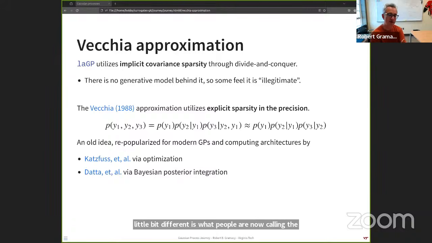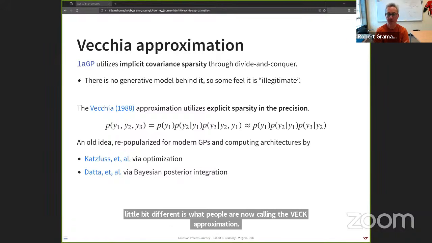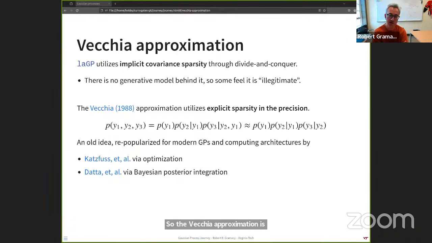So the Vecchia approximation is a sparsity-inducing method where you put zeros in the precision matrix of the multivariate normal distribution. But maybe an even simpler way to think about it is through the viewpoint of conditional probability and joint probability.